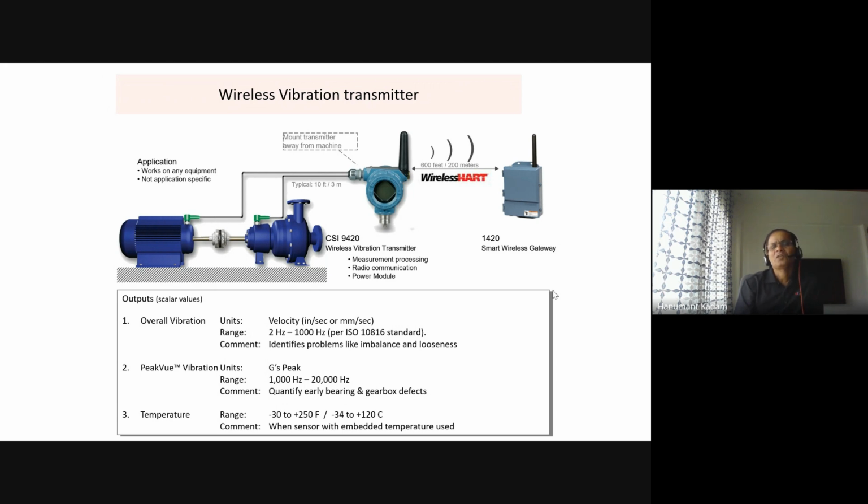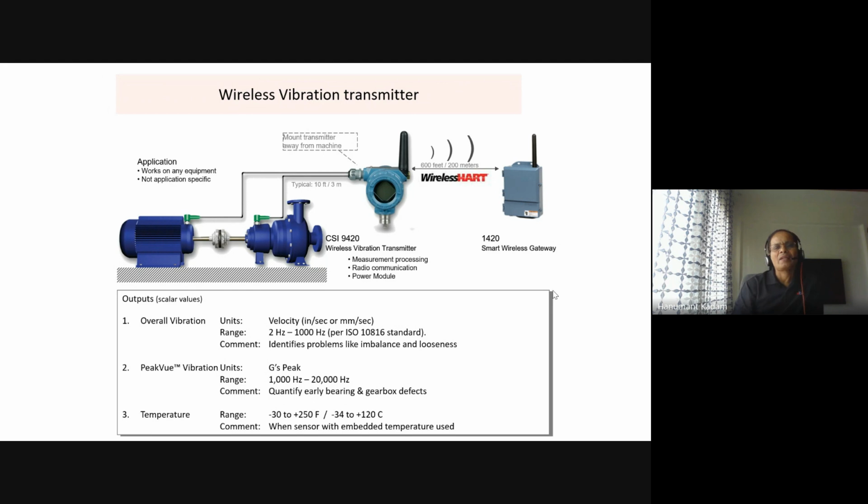So maintenance is very difficult for a human being to reach there. So sometimes we are missing the measurements or monitoring. Then accidents happen because these are rotating equipments, and equipment gets damaged. Sometimes casualties are also there. So the new technology, this wireless technology, is helping a lot on this.